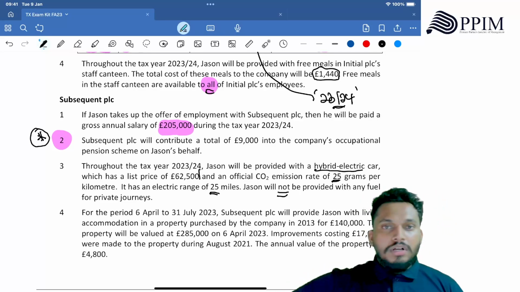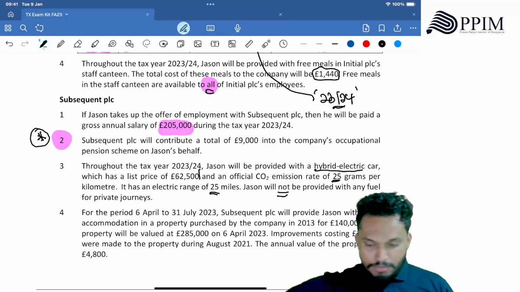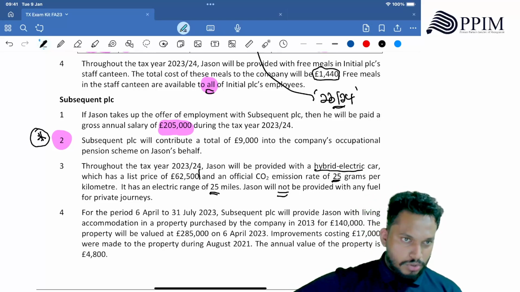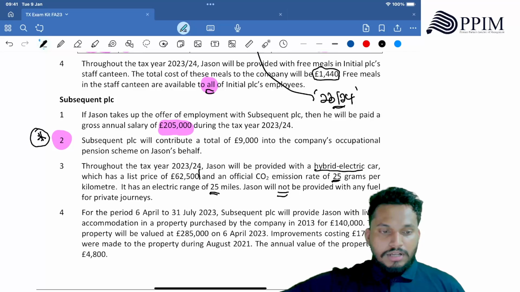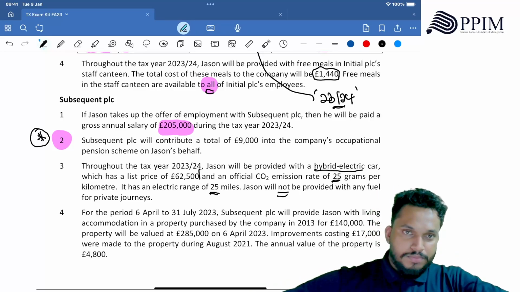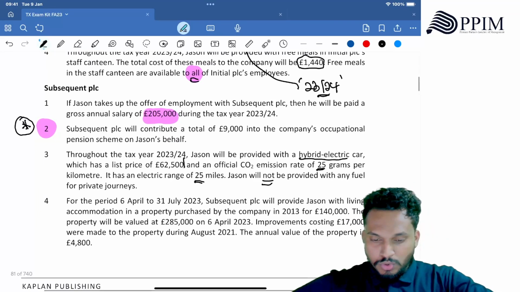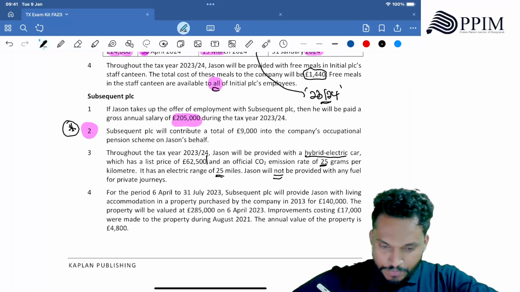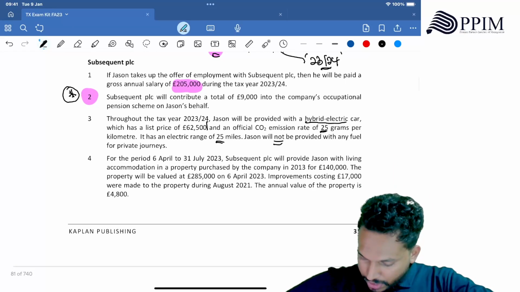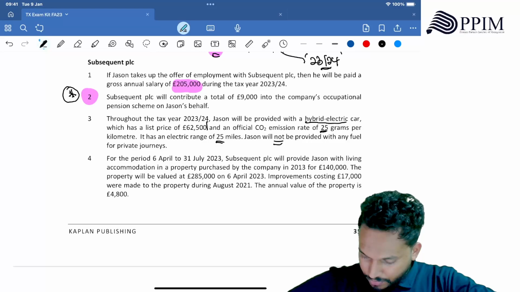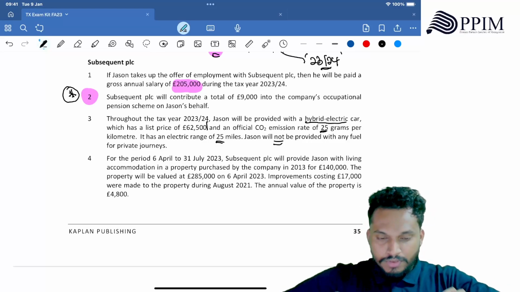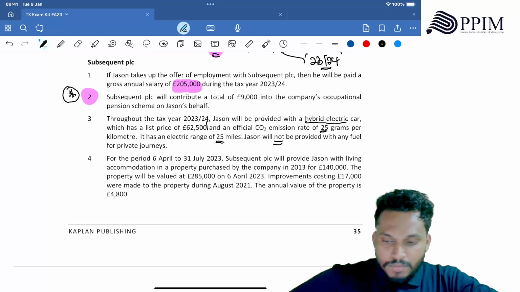The car benefit is decided based on the carbon emission percentage, so you need to go to your fact sheet. I'll summarize things once you go to your fact sheet. For your car benefit, how many grams of carbon are you emitting?